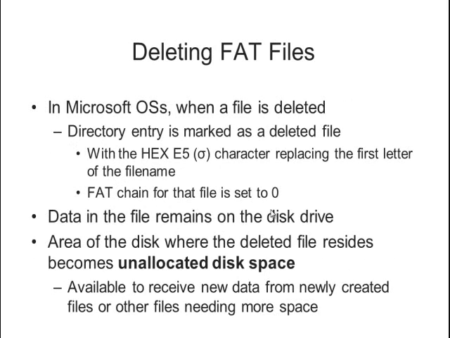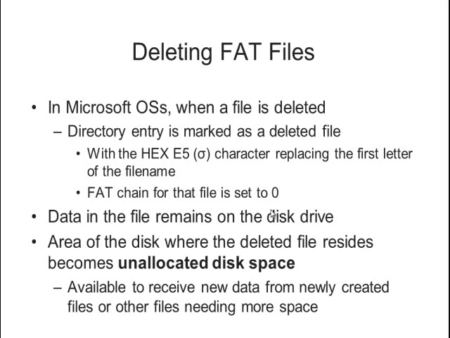In Microsoft operating systems, when a file is deleted, the directory entry is marked as a deleted file with the hex E5 character replacing the first letter of the file name, and the FAT chain for that file is set to 0.